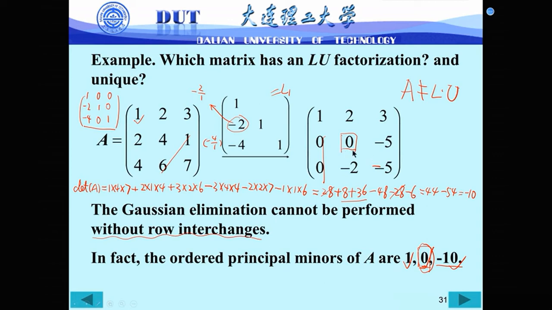So if we can interchange the two rows, then we can select a new pivot, and then we can perform Gaussian elimination. Selecting a new pivot is what pivoting means. We choose a new pivot in the case of a 0 pivot or a small pivot.